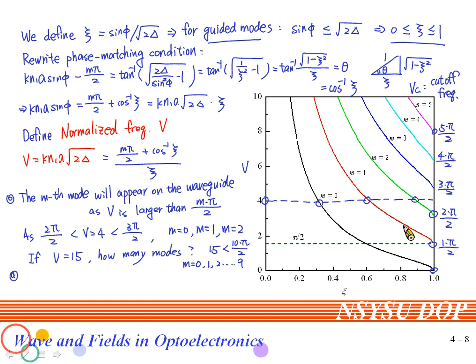So the single mode condition will be the cutoff frequency of the m1 mode. As the normalized frequency is smaller than the cutoff frequency of the m1 mode, that is half pi, we will have only the m0 guided mode on this waveguide. This means that we will have a single mode waveguide.